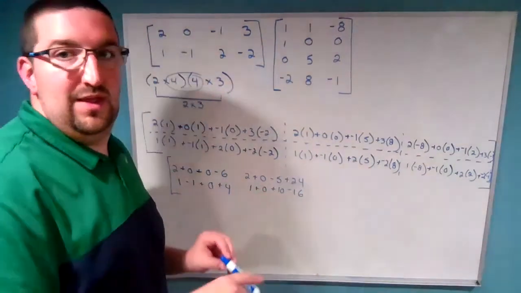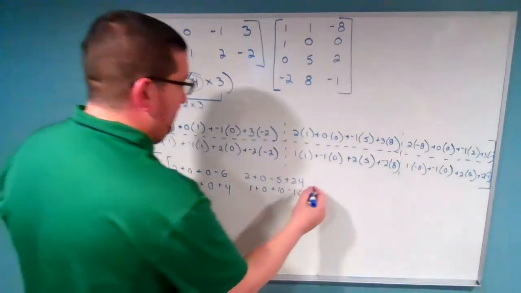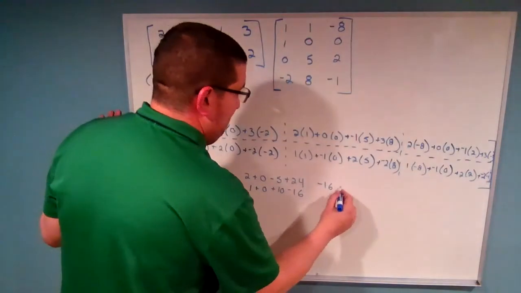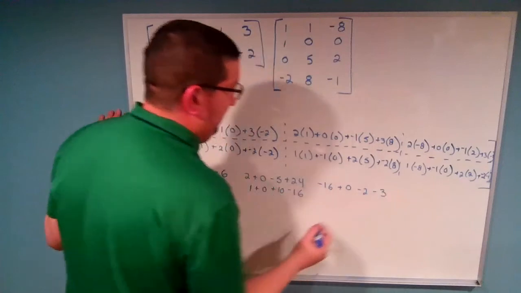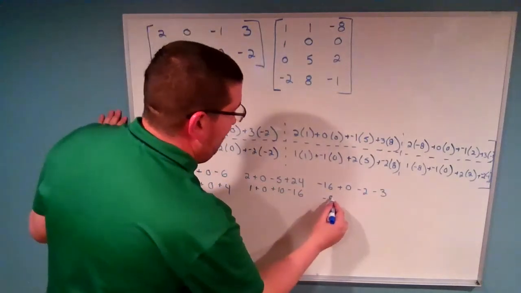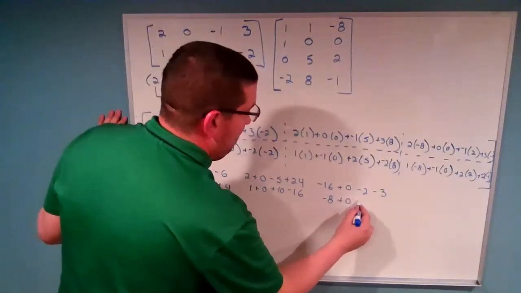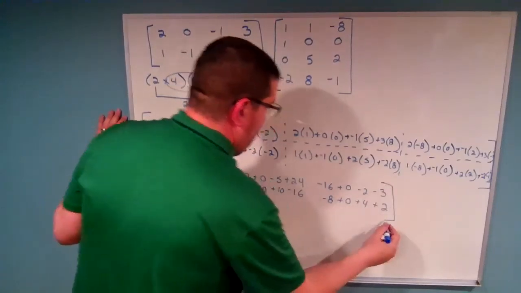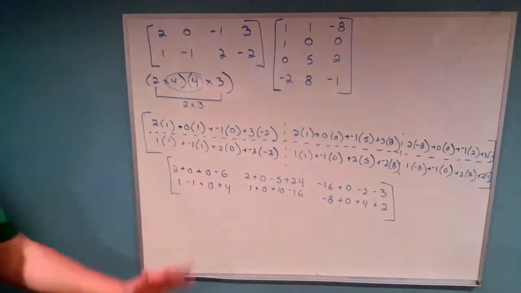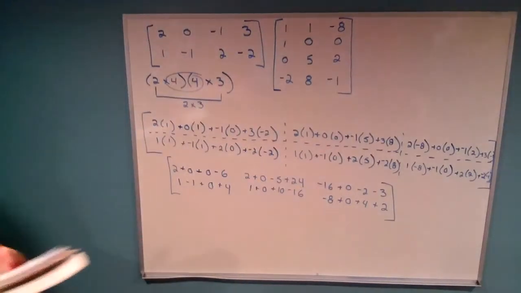Now we move on to our last column. Negative 16 plus 0, minus 2, minus 3. Negative 8 plus 0, plus 4, plus 2. Now we just have to simplify those together.